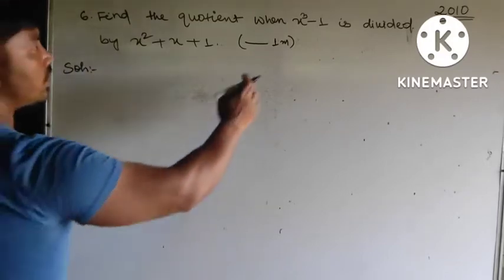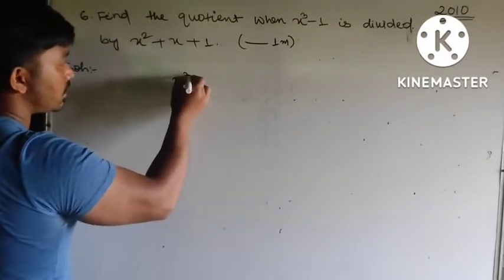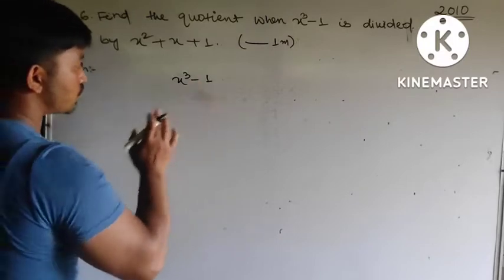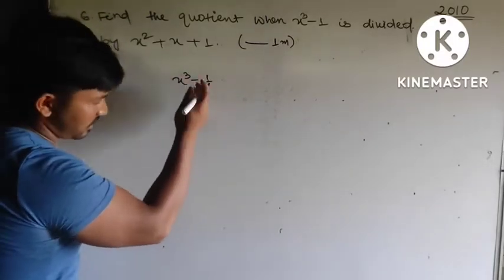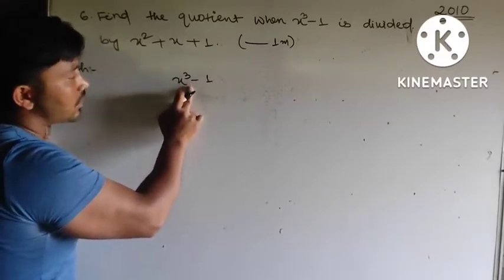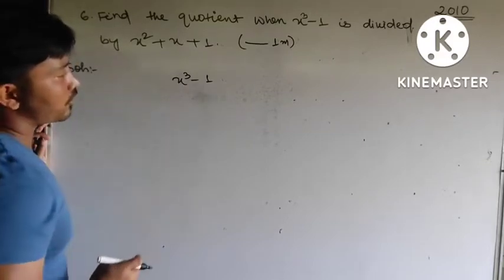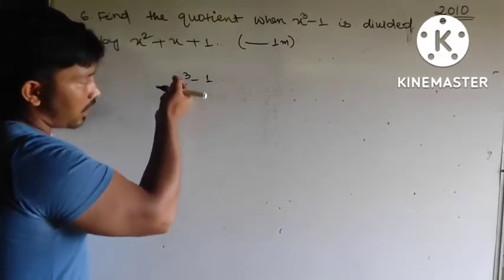So this is being divided by this, then x cubed minus 1. We are not going to write it closely, okay? This 1 should not be near the x cube, because whenever we write a polynomial, it comes in decreasing or increasing order of their power.